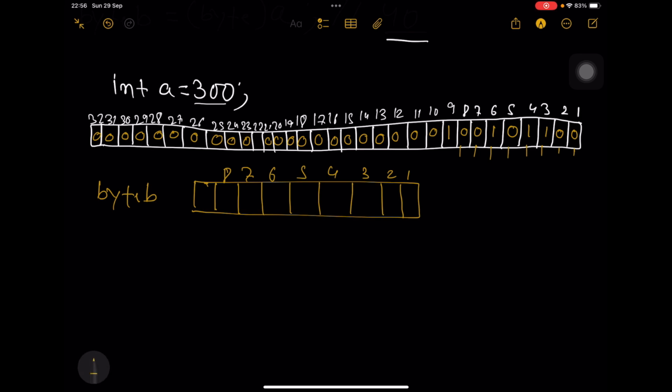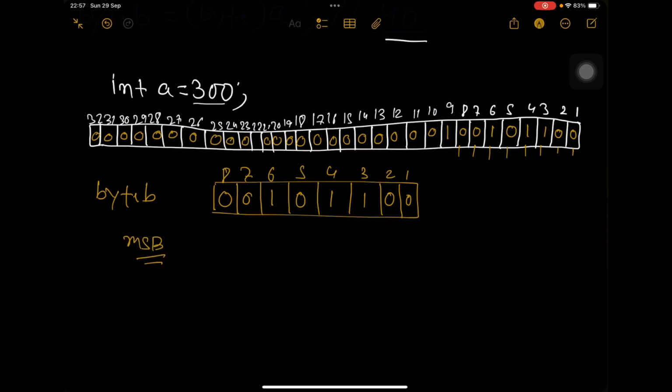So we'll remove this. Here we'll take 0 0 1 1 0 1 0 0, because we cannot take more than 8, so we have taken an 8-digit representation. Now we have to look at the most significant bit, which is the leftmost bit.